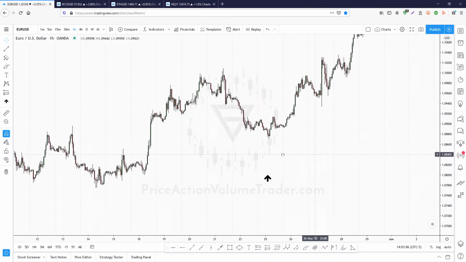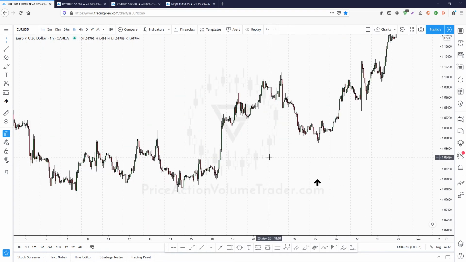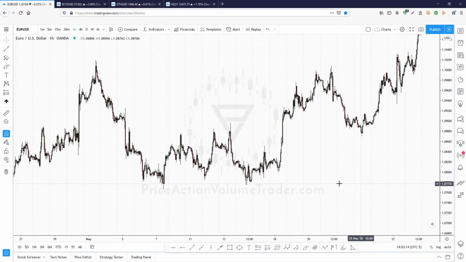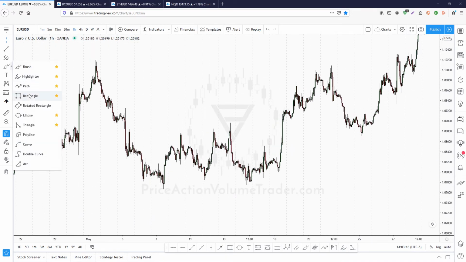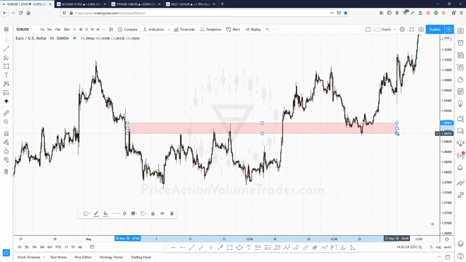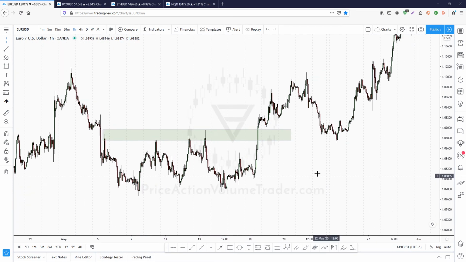We have here on Euro another example, and this is the same concepts as all the other times. We have this whole zone here, which used to be resistance 4 times.